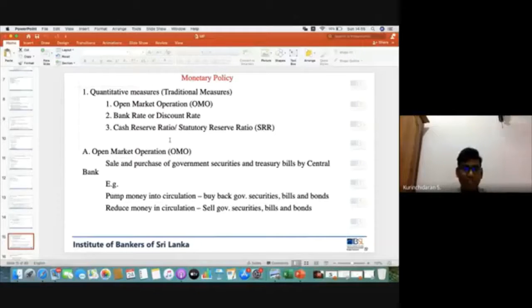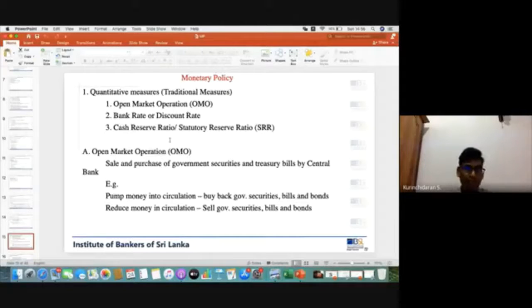We call them traditional measures. The quantitative measures can be three. One is open market operation, we call it OMO. Second can be bank rate or discount rate. And third may be cash reserve ratio or statutory reserve ratio, SRR.